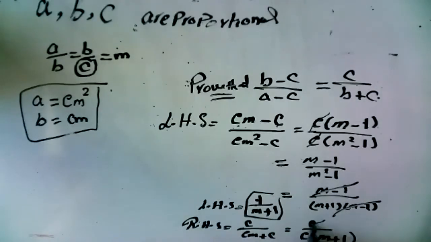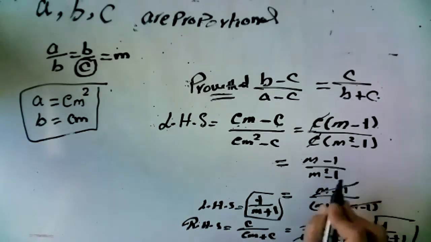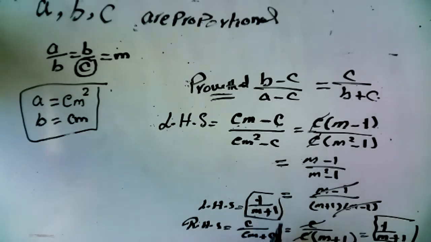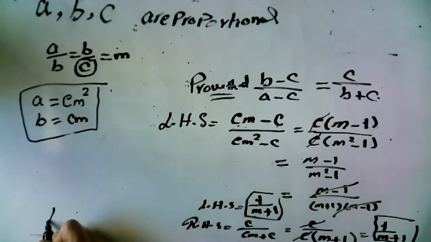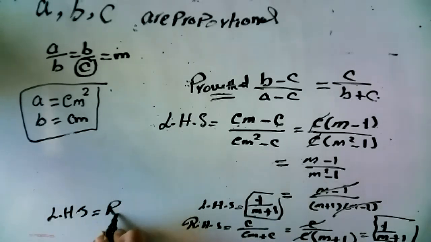By cancelling C from the upper and lower terms, the right-hand side will be 1 over m plus 1. Finally, we got that the left-hand side is 1 over m plus 1 and the right-hand side is 1 over m plus 1. Then the left-hand side equals the right-hand side.